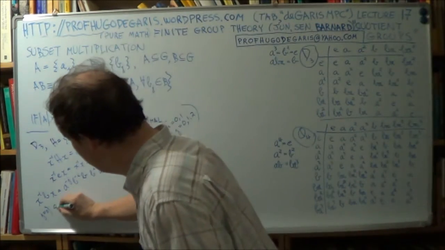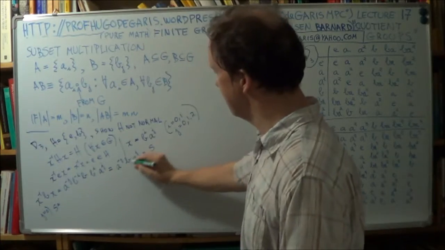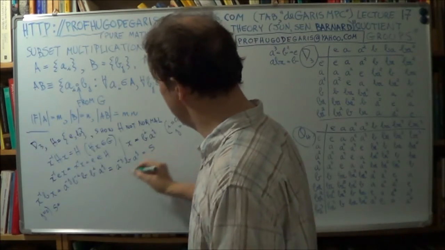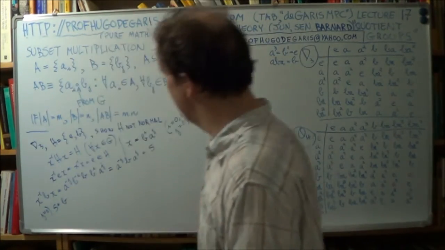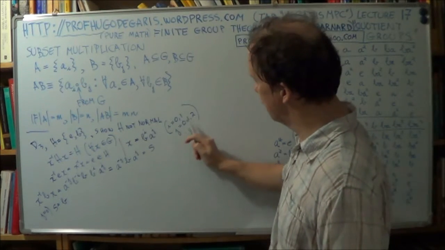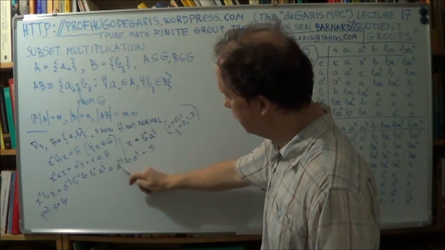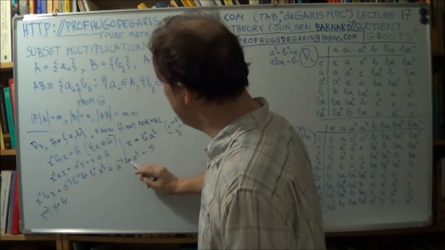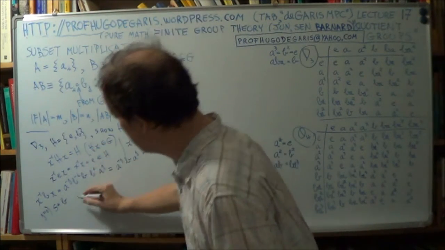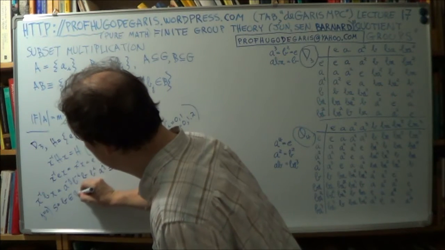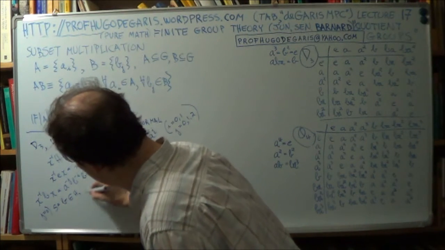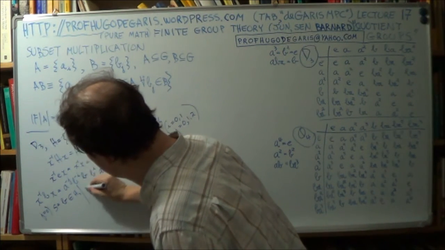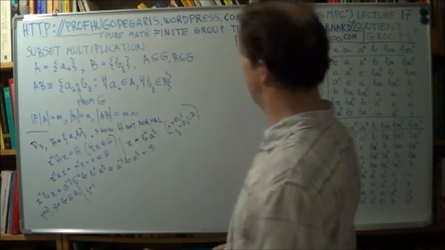If J is 0, S, that's just this. S is B, right? It's just B. You see that? If J is 0, that's just E, that's E, so you just look at B. Now B is a member of H, so that belongs to H. So that's consistent.